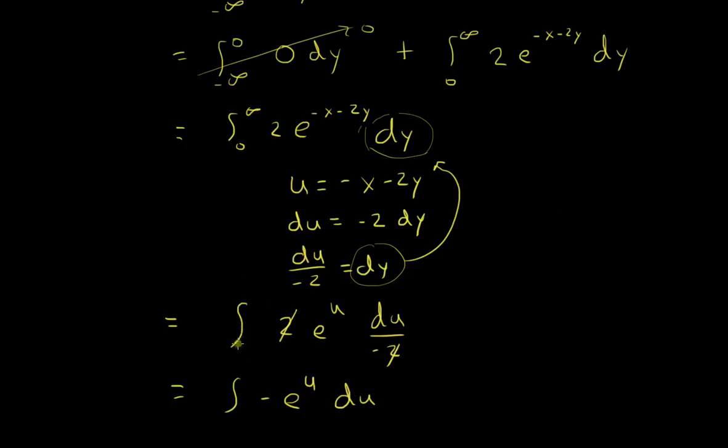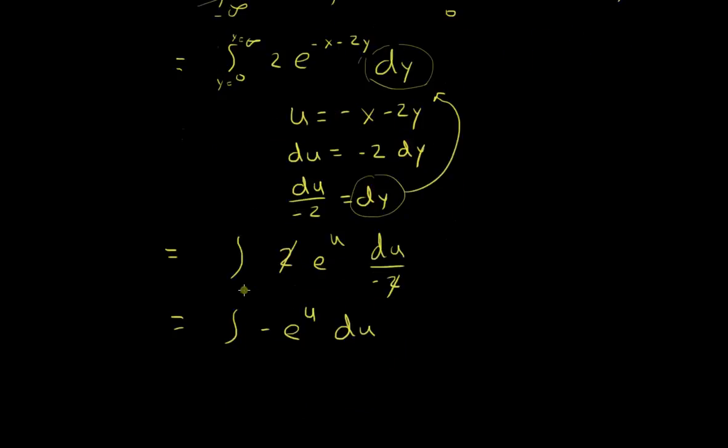I had to erase the bounds because I'm no longer going from 0 to infinity. This was for y equals 0 to y equals infinity. Now, if I plug in 0 for y, I get u equals negative x.